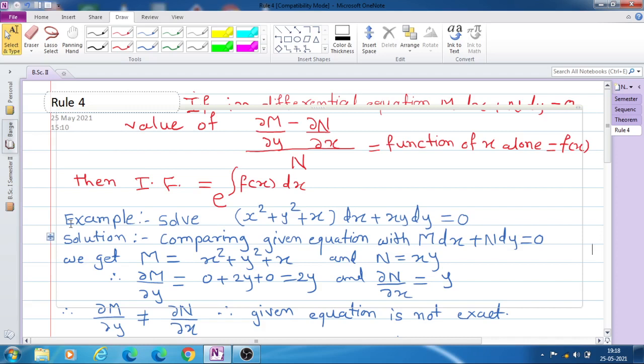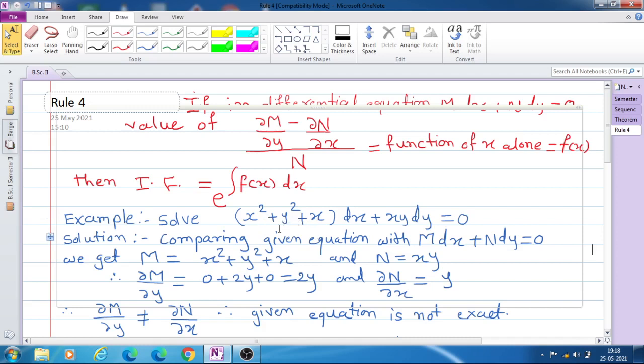So here is an example: (x square plus y square plus x) dx plus xy dy is equal to 0. Now this equation is not in homogeneous form. The degree of each term is different, and f1 and f2 are not functions of x into y.